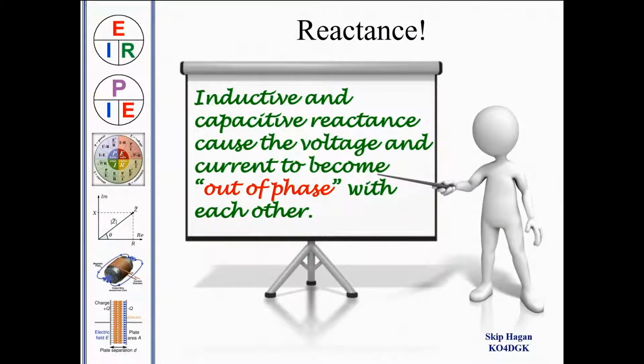In alternating current circuits, we have to deal with inductors and capacitors in various forms, and these components produce a reactance, which cause voltage and current to become out of phase with each other.